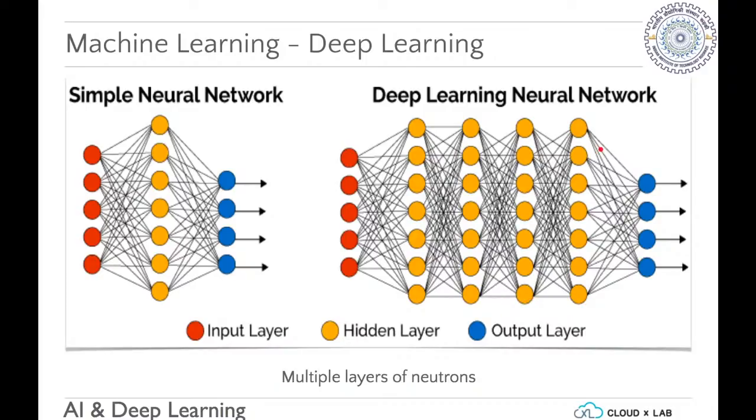Therefore, the more complex the problem, you will start increasing the layers. If increasing the layers is not solving the problem and it's memorizing and its performance is degrading, then you go back and start increasing the number of neurons.